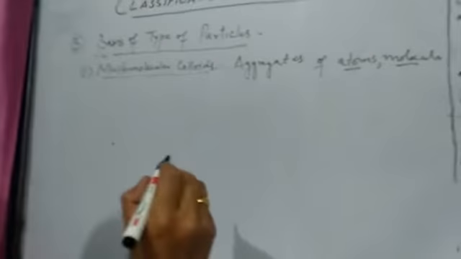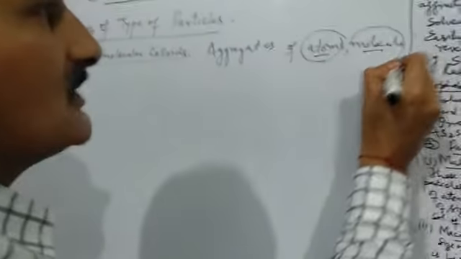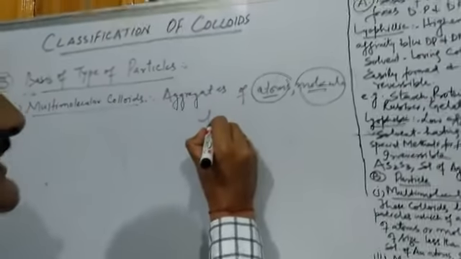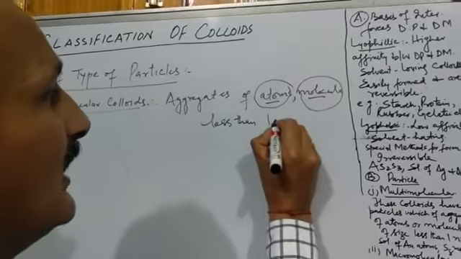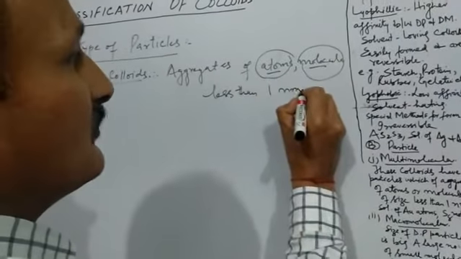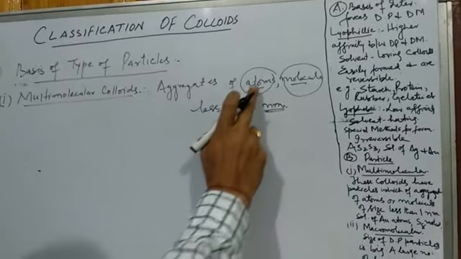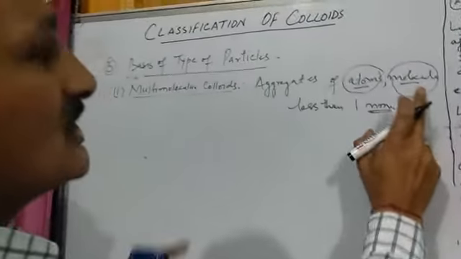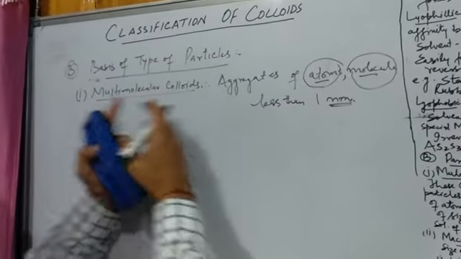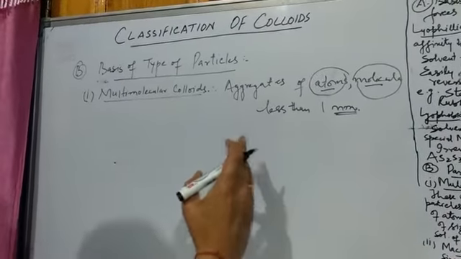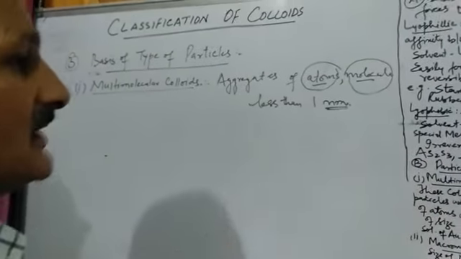So many atoms or molecules combined. But one thing is to be kept in mind, that the size of these atoms or molecules should be less than 1 nanometer.